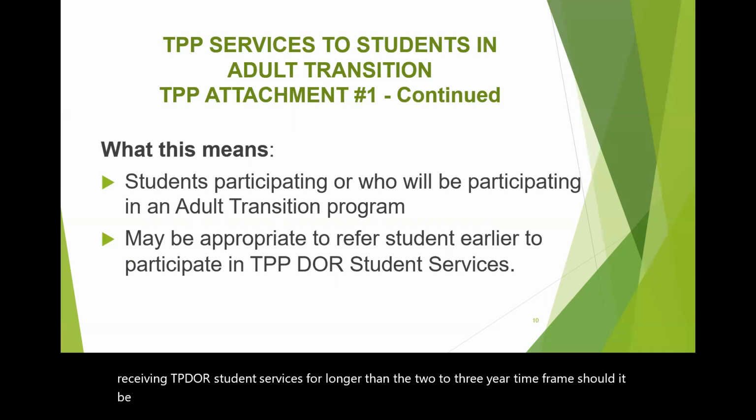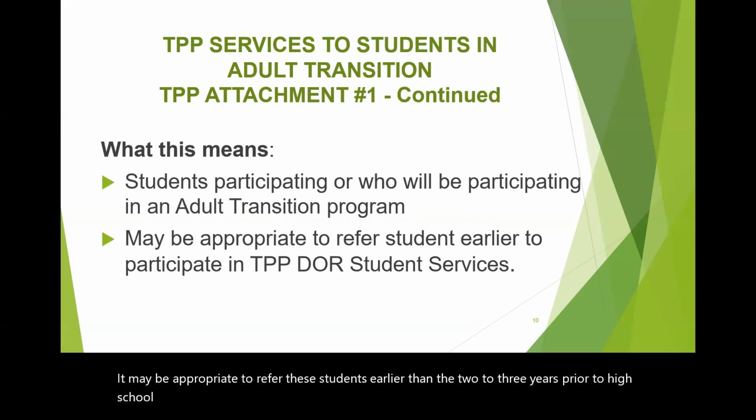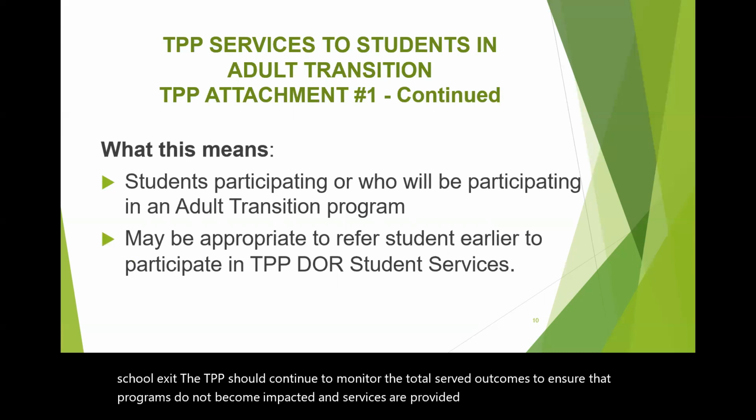It may be appropriate to refer these students earlier than the 2 to 3 years prior to high school exit. The TPP should continue to monitor the total served outcomes to ensure that programs do not become impacted and services are provided to students when they would most benefit.